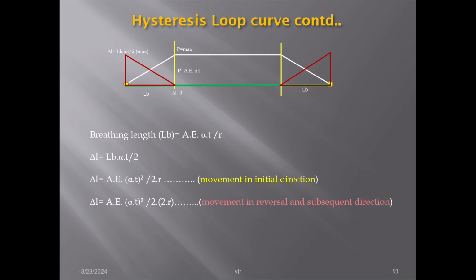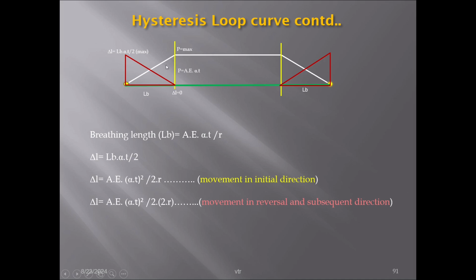So that is equal to L_B alpha T divided by 2. When a rod is completely fixed, there will be a full force throughout the length, uniform. But in our case, the expansion and contraction occurs only at one end, and at the other end there is none, because it is completely stopped by the building up of resistance.